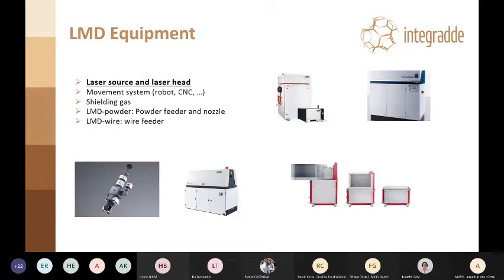Regarding the equipment, you need a laser source and also a laser head with the required powder nozzle or wire nozzle. For example, you have here several types of lasers. You have fiber laser, disk laser, CO2, or diode laser.